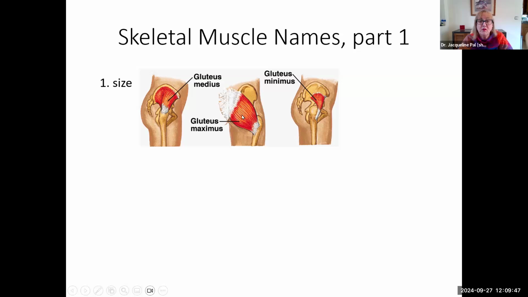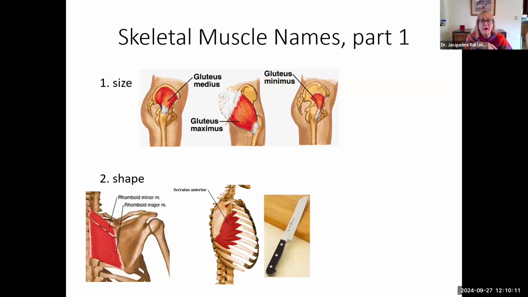The biggest would be the gluteus maximus, and then we would have the middle-sized gluteus medius and the smallest gluteus minimus. And so you can tell them by size, but if you take anatomy, you will learn to tell them by looking at the direction of the muscle fiber, because the muscle fiber direction will actually help you figure out what the action is.